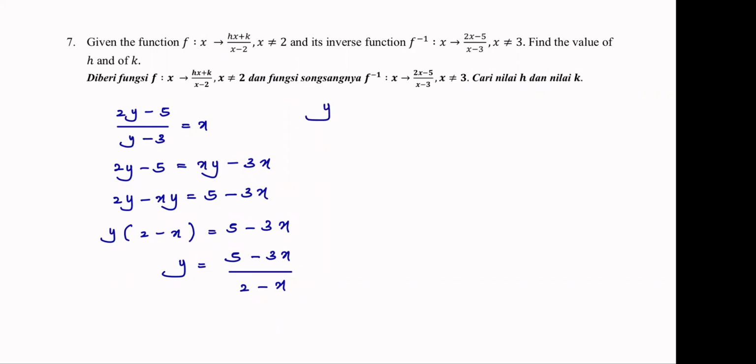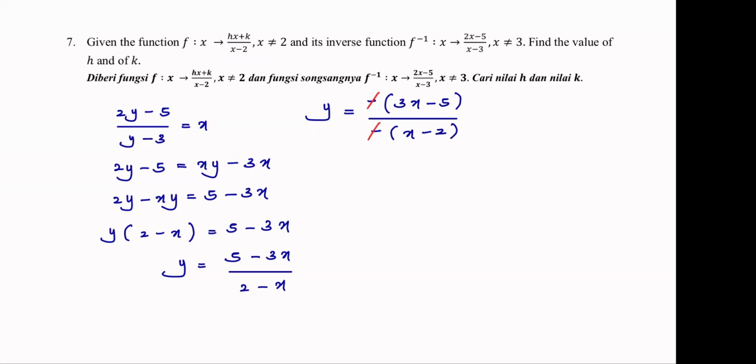Why? I take out the negative, which means if I factorize the negative, what will happen? This one will change places, you know. So you can get 3x minus 5. So for the bottom you also take out the negative. It is x minus 2. So these two negatives you can cancel off.